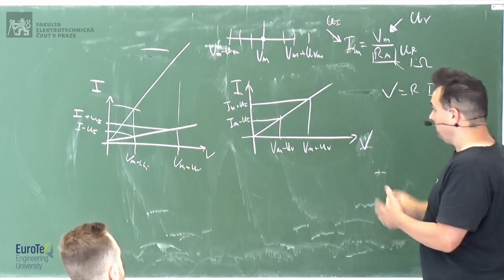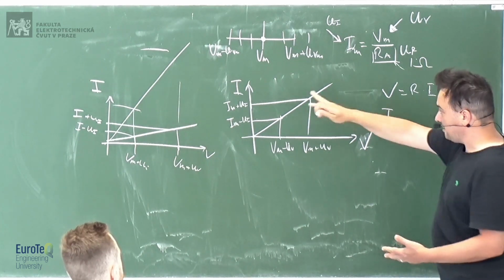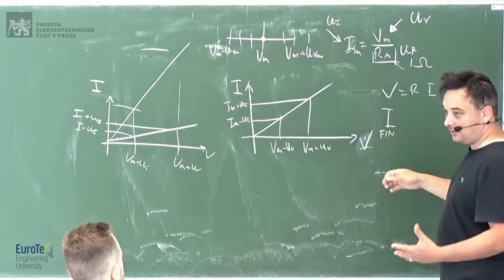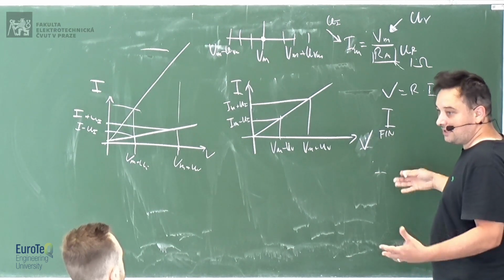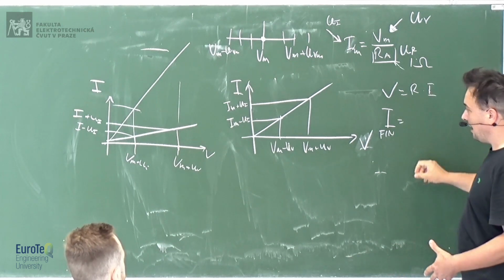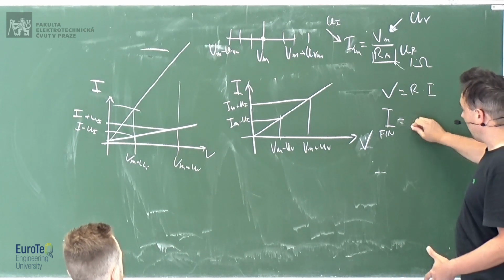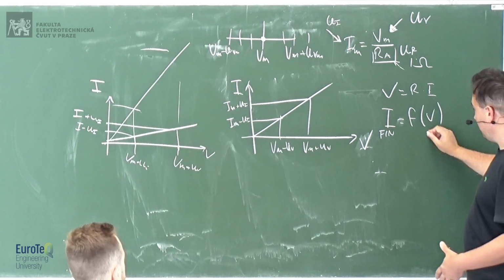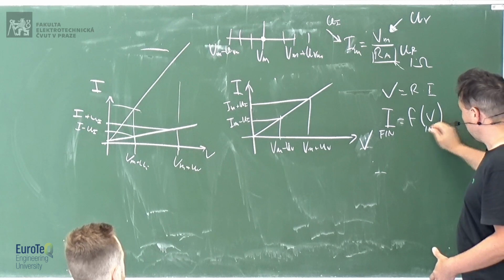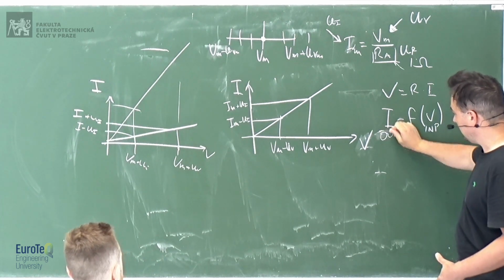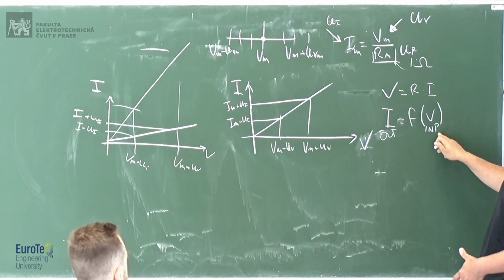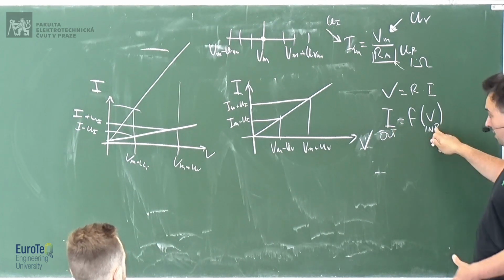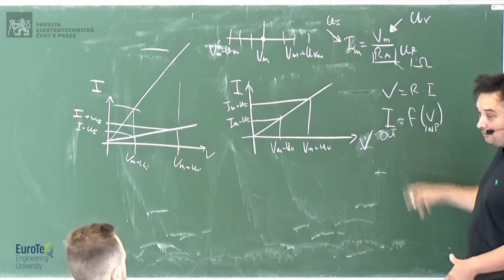So that's why you take the function here as the current, which is the final output of the equation, because you want to measure the current at the end of the day, as a function of the voltage, which is the input. So you measure V and you want to recalculate the current.